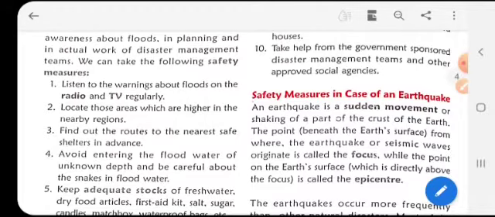So, read these things and stay aware of all the situations that can happen in your life due to flood, and you should be well aware of the situation. So, before taking help, you should always be aware and listen to the warnings that are given on radio and television regularly. So, watching news is also a part of our life. It is an important activity for our life.